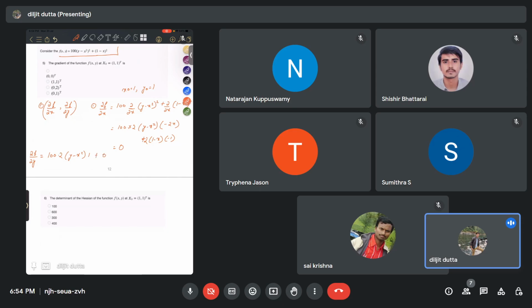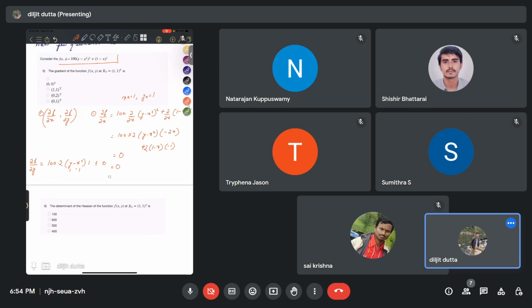The second term doesn't have any y component, so it will be 0. If we substitute y equal to 1, x equal to 1, we will get 1 minus 1, which is equal to 0. So the gradient of the function at x not equal to 1 comma 1 is 0 comma 0. It is the first option.